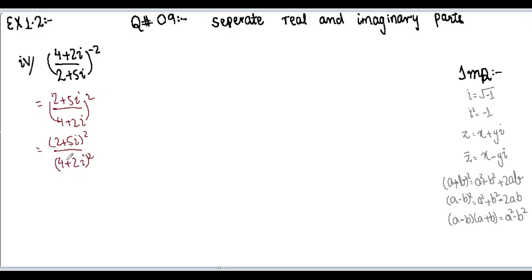Now, in both the numerator and denominator, we have to use the formula of (a + b)², which gives a² + b² + 2ab. So we are going to use it over here.